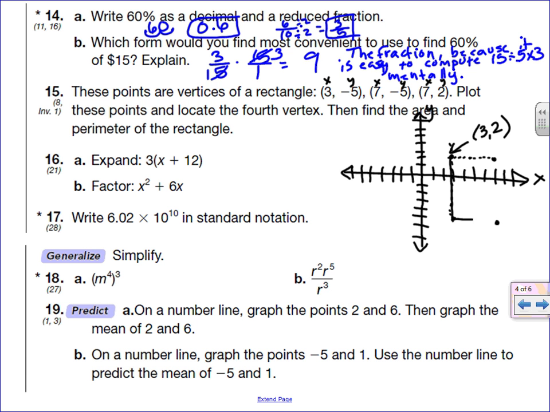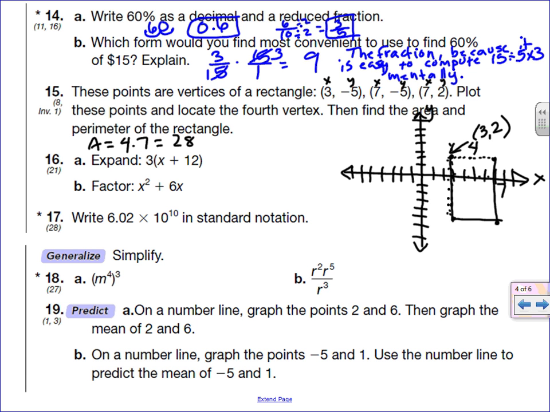And if I fill this in, I have 1, 2, 3, 4 as my side length there, and I have 1, 2, 3, 4, 5, 6, 7 as my side length on this side. So if I want to find the area, I need to multiply those two.